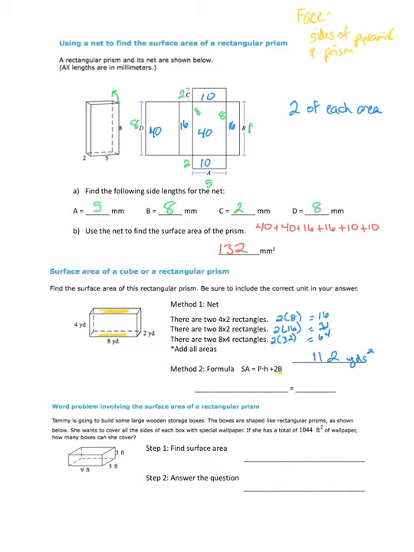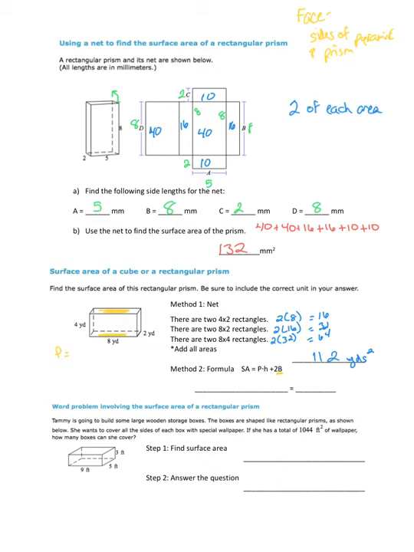Okay? I have identified my bases. Now, you've got to find the perimeter of this thing. So, let's do the perimeter of the bases. Perimeter is what we have on the bases.